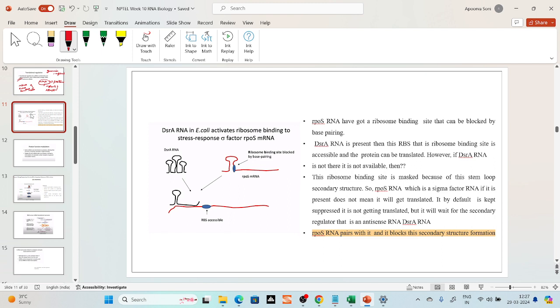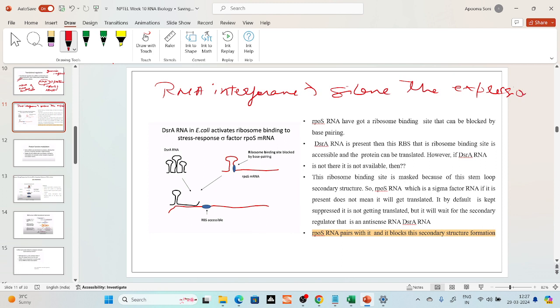So mostly, what does RNA interference do? It will silence the expression. And there is one example which I have not mentioned here. I think that example was just before this slide, where they showed how RNA interference can silence the expression of genes.